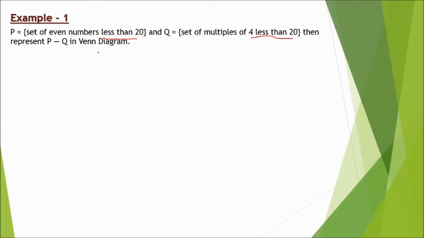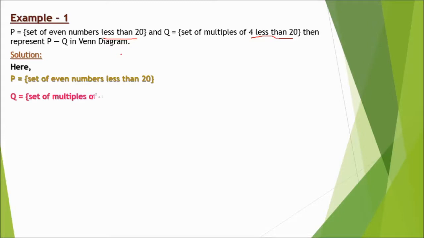Now, first example. Set P is a set of even numbers less than 20. We are going to list this later. First, let's write Q is the set of multiples of 4 less than 20. So in both cases, we are not allowed to include 20.